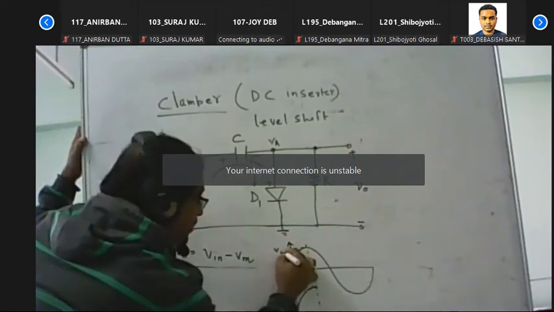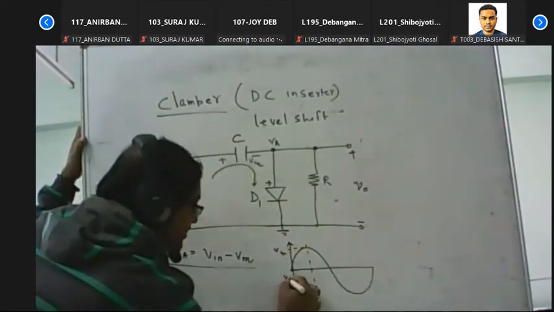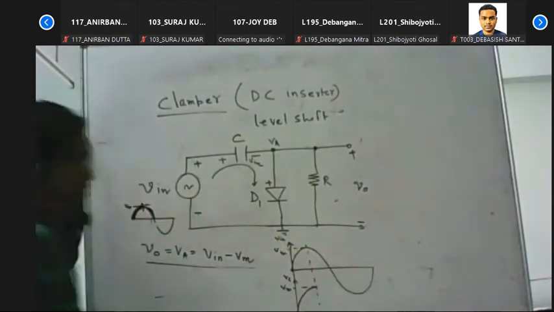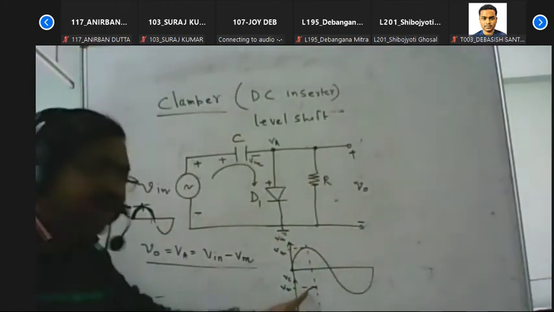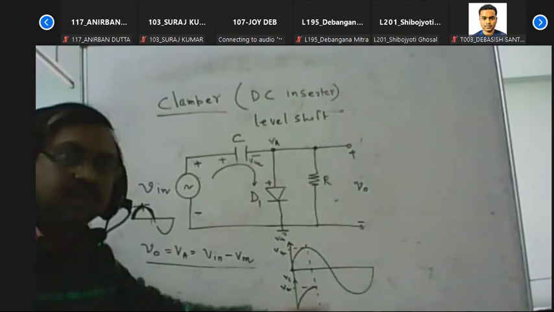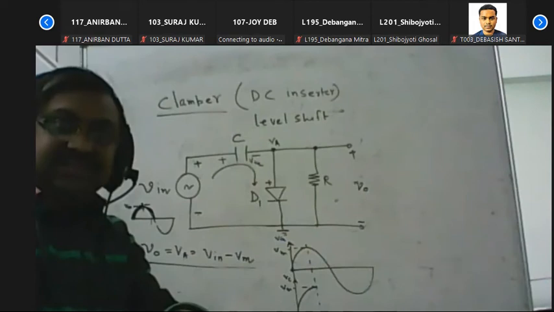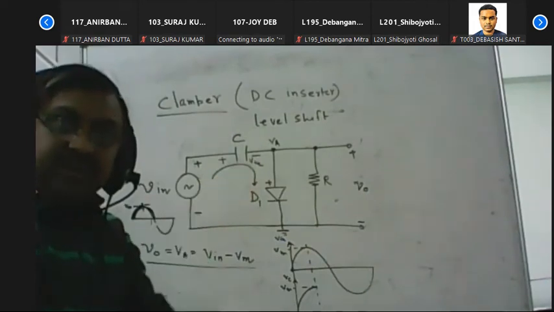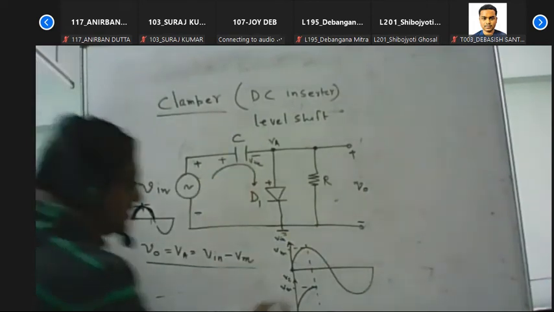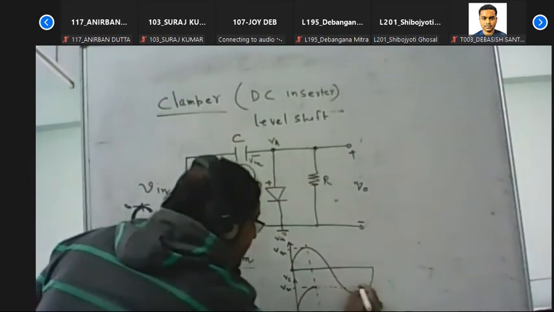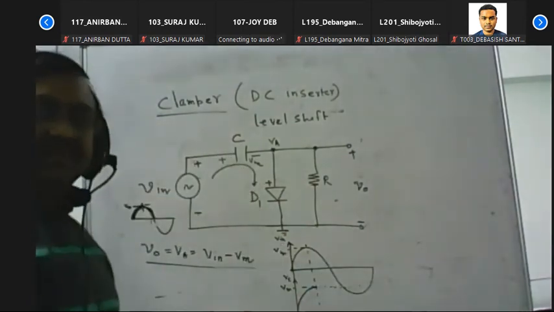So the voltage across the capacitor is the input voltage, and the maximum voltage across the capacitor is Vm. Now after that, the capacitor basically holds the charge. So that means the voltage across the capacitor is fixed. After that, it will be constant.